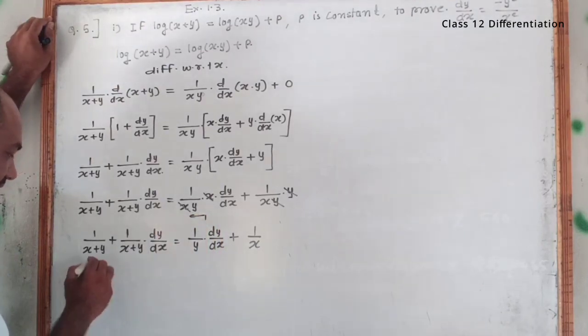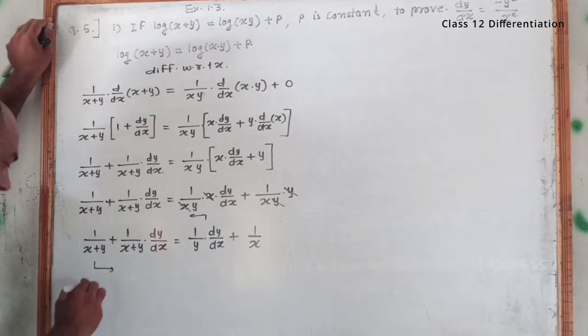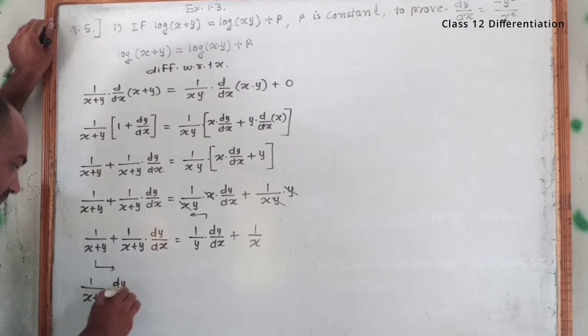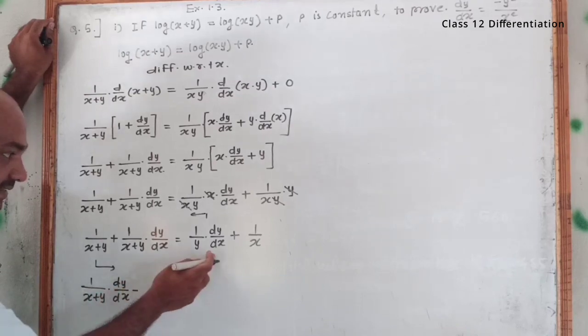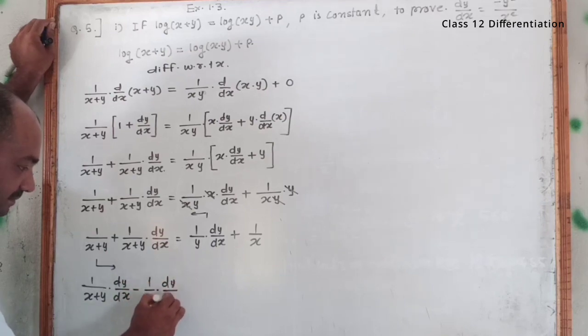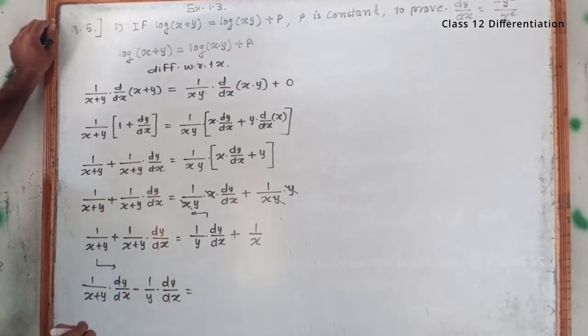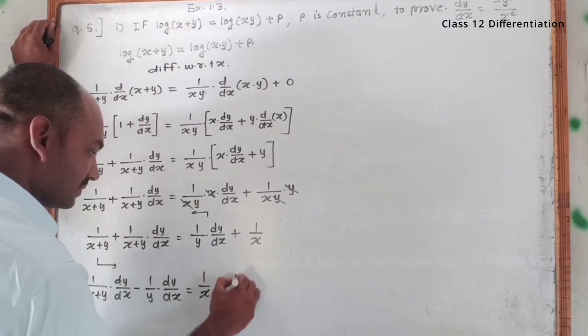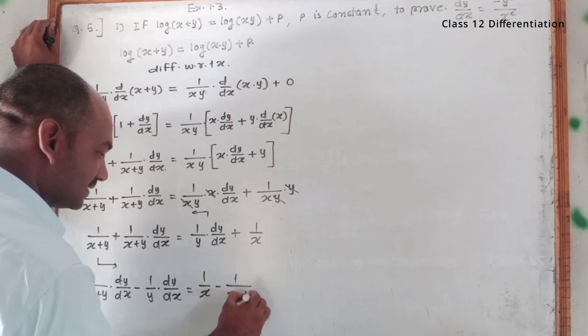After this, we shift this term and this term to the other side. So 1/(x + y) into dy/dx minus 1/y into dy/dx is equal to 1/x minus 1/(x + y).